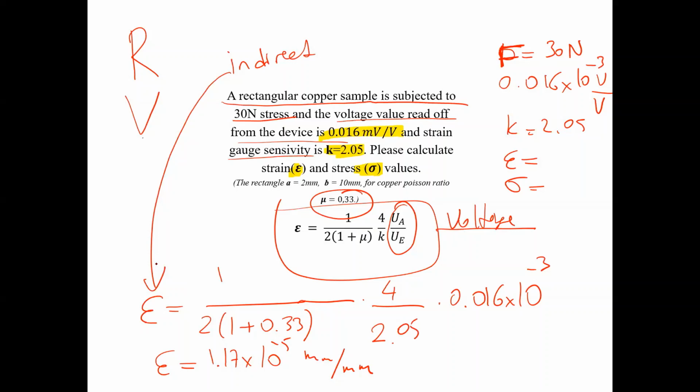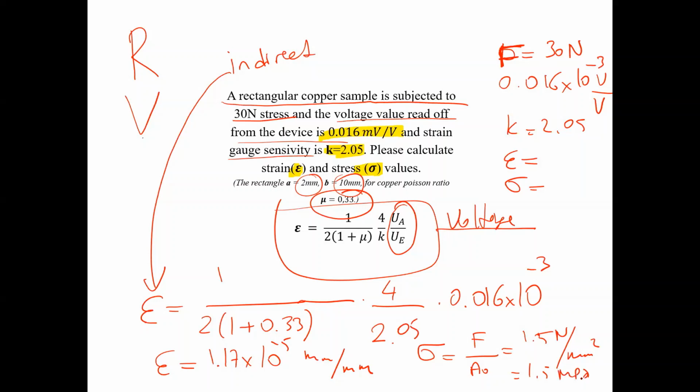And from this also stress value could be calculated. F divided by cross-sectional area, and rectangular sample 2 millimeter times 10 millimeters, and this would be 1.5 Newton per square millimeter, so 1.5 megapascal.